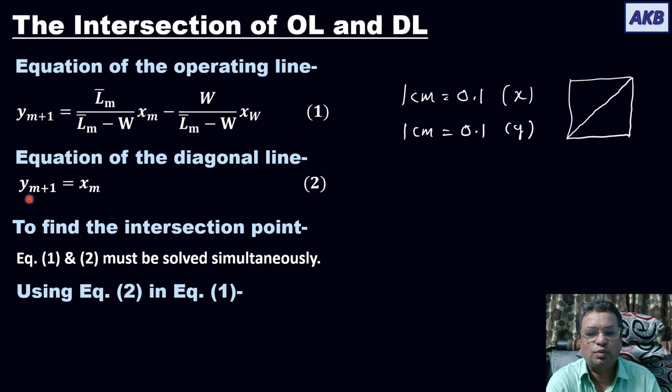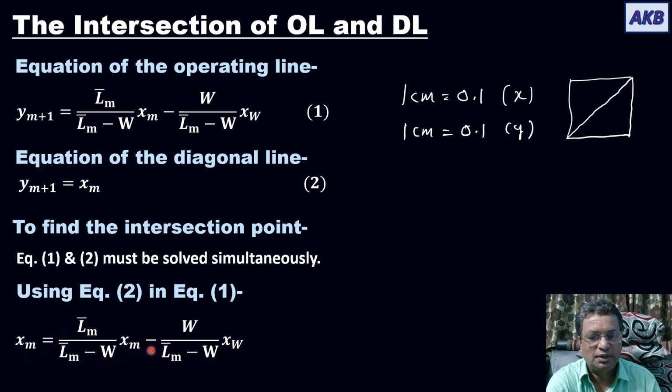Equation 2 suggests that Ym plus 1 is Xm. So using equation 2 in equation 1, you get Xm is equal to L bar M upon L bar M minus W into Xm, minus W upon L bar M minus W into Xw. You must have noticed I have replaced Ym plus 1 with Xm.